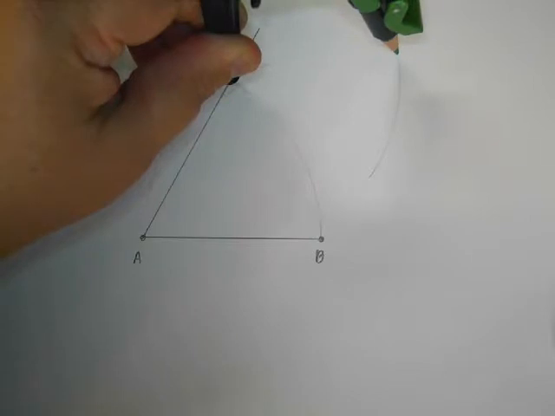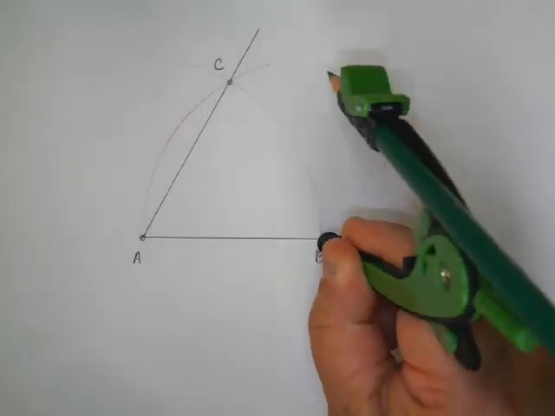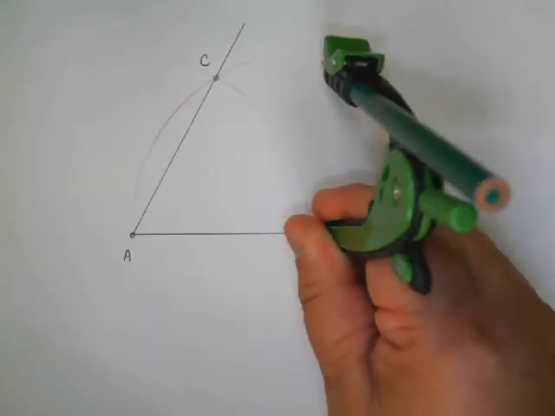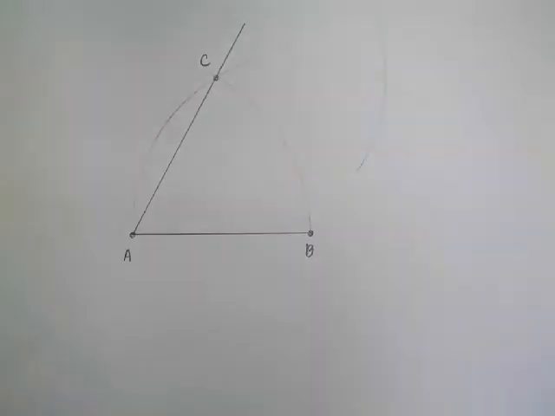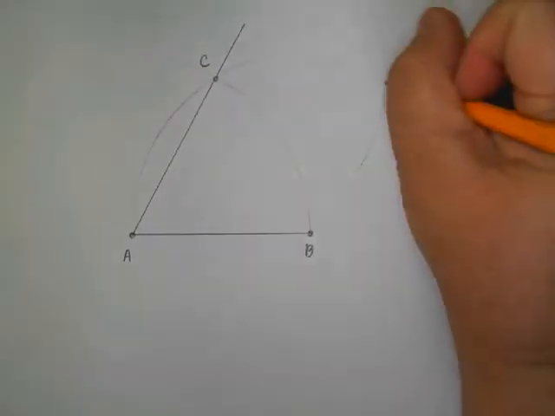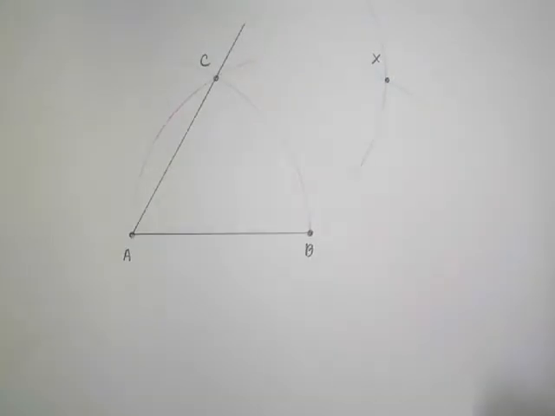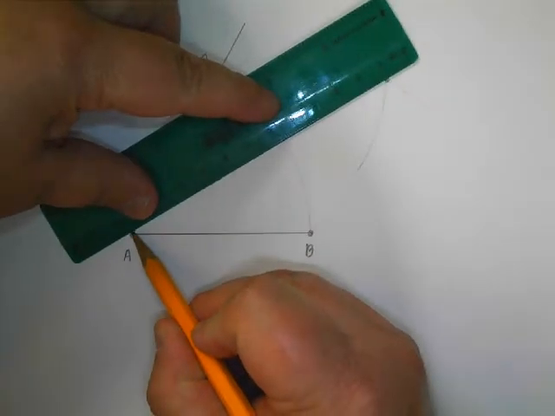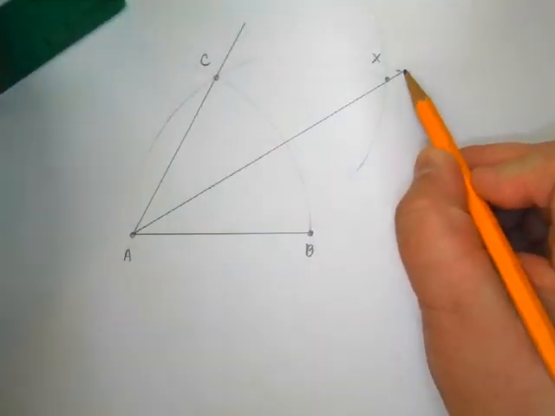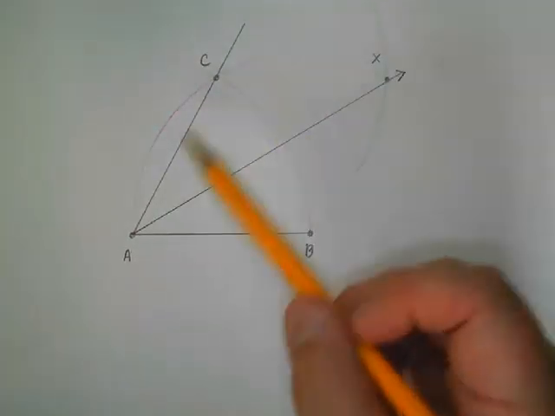Now, again, without changing the radius of the compass, we're going to place the point of the compass at point B and draw an arc that intersects the one we just drew. And we will call that intersection point X. And now we can draw in ray AX, which is the angle bisector of angle CAB.